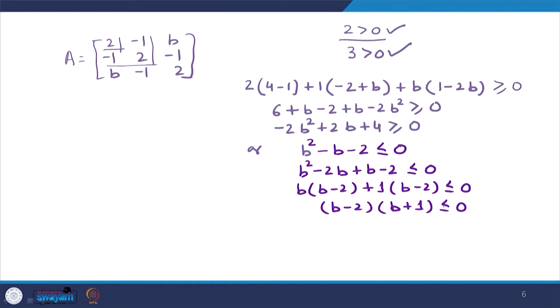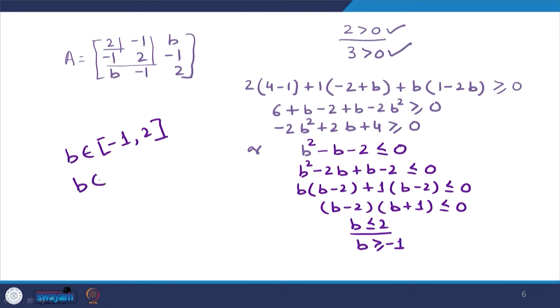If B minus 2 is less than or equal to 0, we have B less than or equal to 2, and if B plus 1 is greater than or equal to 0, we have B greater than or equal to minus 1. So, for all values of B belonging to minus 1 to 2, the matrix A is positive semi-definite.